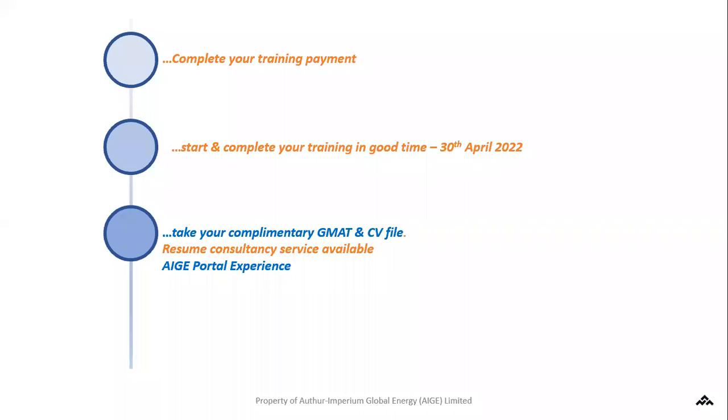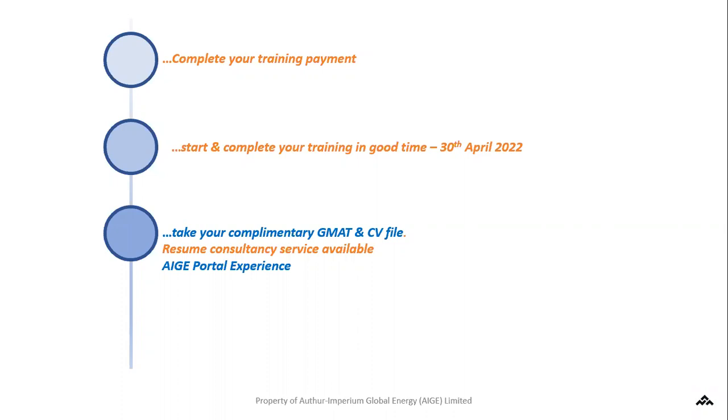Then as you go along with your training, there are some other complementary things that we give to you. This has nothing to do with your training, but out of our own benevolence and the goodwill of the company and what we do for NYSC, we usually give a complimentary GMAT and CV file.